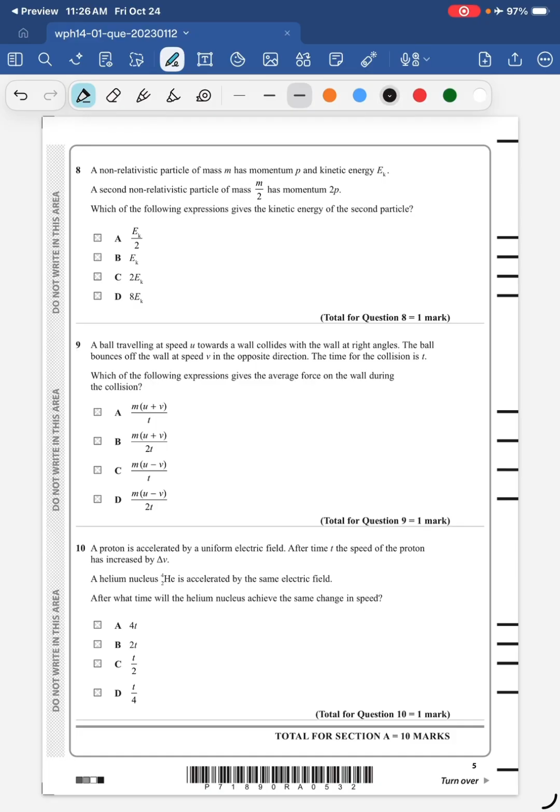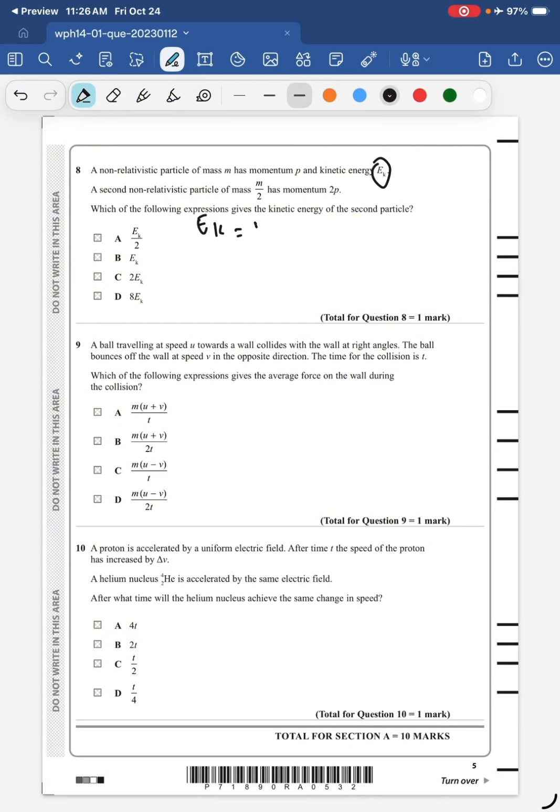Question 8. A non-relativistic particle of mass m has momentum p and kinetic energy ek. A second non-relativistic particle of mass m over 2 has momentum 2p. Which of the following expressions gives the kinetic energy of the second particle? So the way I work these problems out is to start with ek that is given.